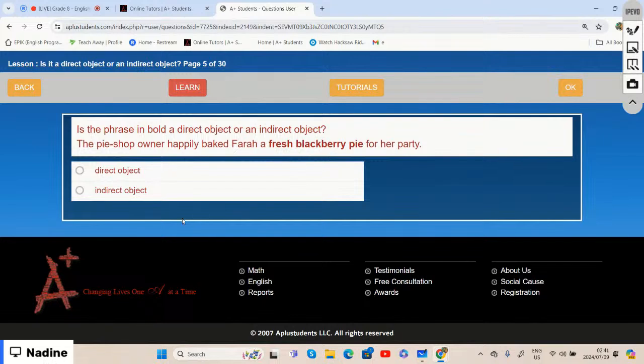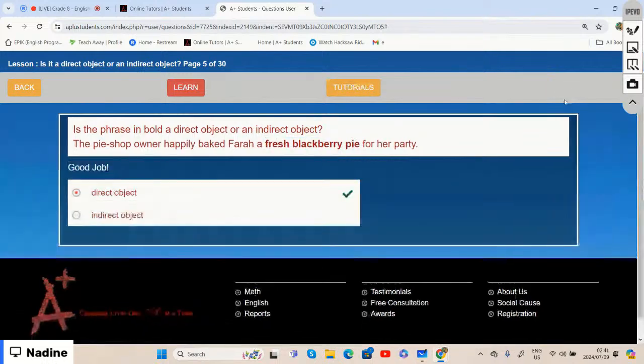So, what did the shop owner bake Farah? Or what did the shop owner happily bake Farah? And we can say she baked a fresh blackberry pie for her party, which is a direct object.